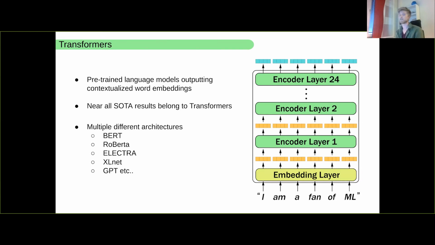Currently, nearly every NLP task is being beaten by transformers. There are multiple different architectures out there: BERT, RoBERTa, Electra, GPT, XLNet, and so on.